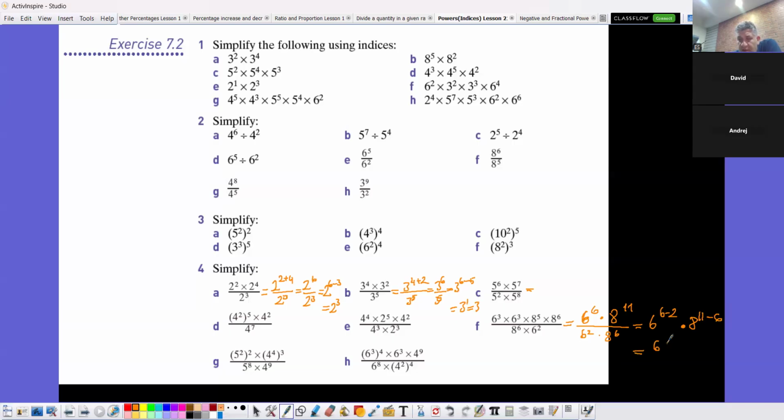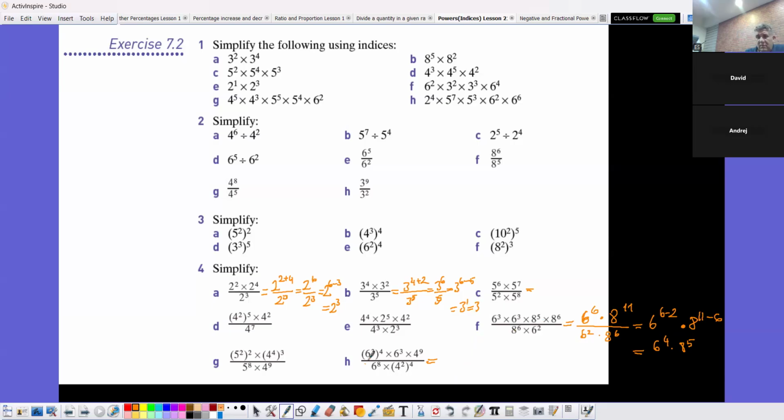The answer is going to be equal to 6 to the power of 4 times 8 to the power of 5. And in the exam, I'm not going to ask you to calculate these, because this value is a huge number and it is not easy to evaluate without a calculator. That's why I'm not going to ask them.